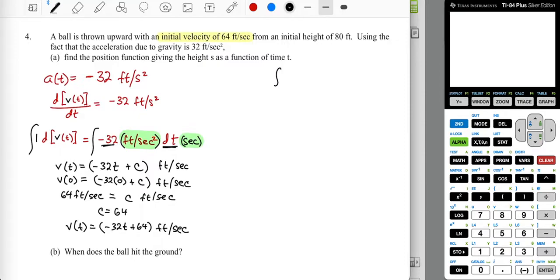Maybe it's not an issue, but it's really more like just a fact that you need to know. s of t is equal to the antiderivative of v of t. That's the fact that we need to know.